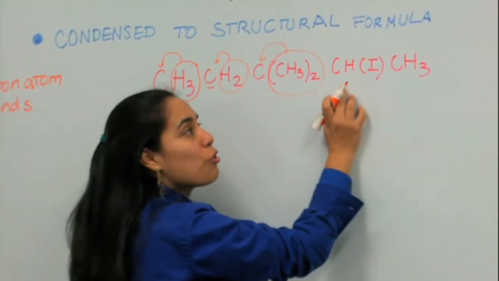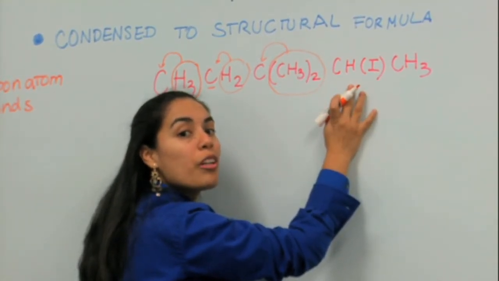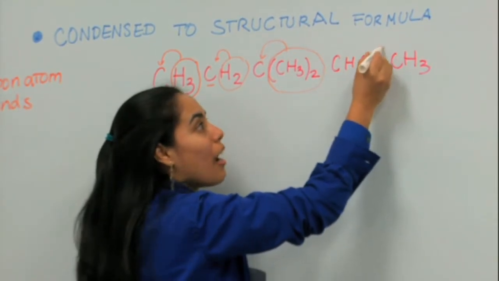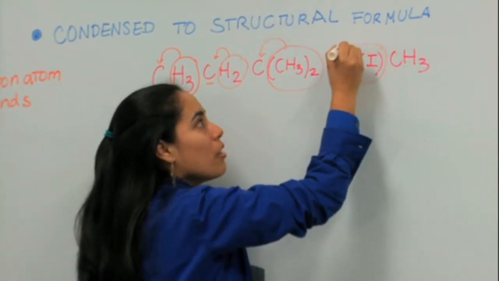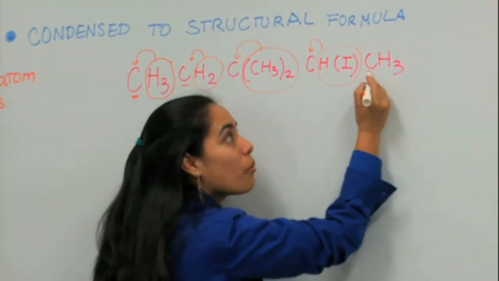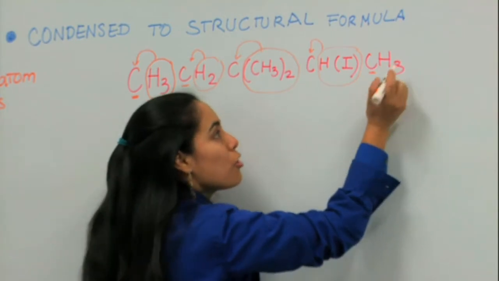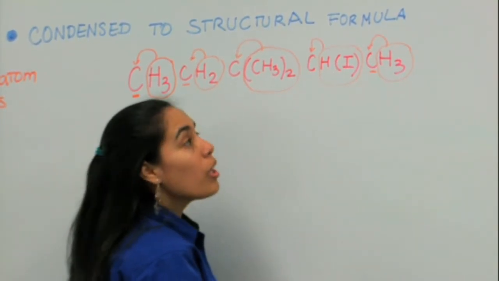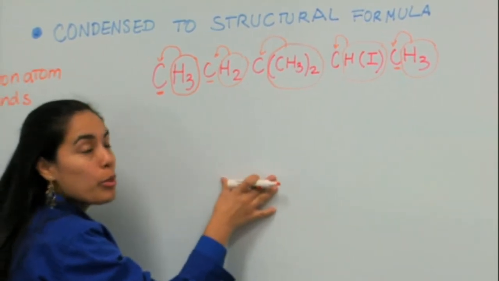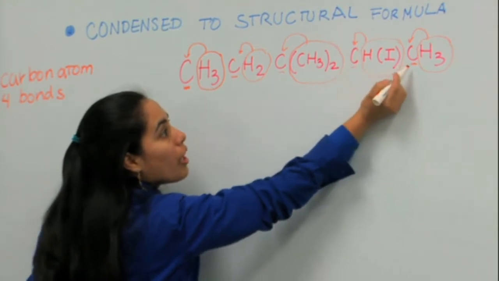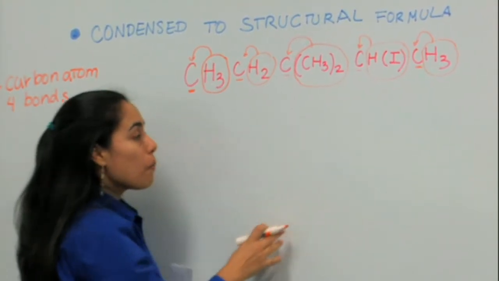Here, interestingly, I have 2 different atoms bonded to this carbon, in this case hydrogen and iodine. And finally, for this carbon here, I have 3 hydrogens. So I know that in my main carbon chain, I must have 1, 2, 3, 4, and 5 carbon atoms, right? Let's do that.